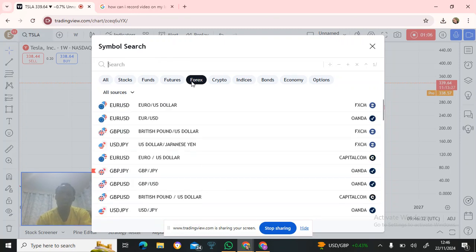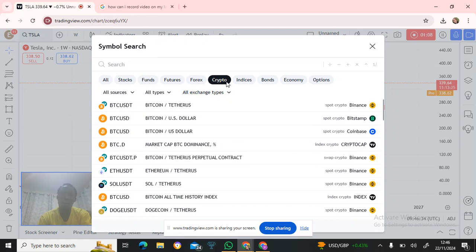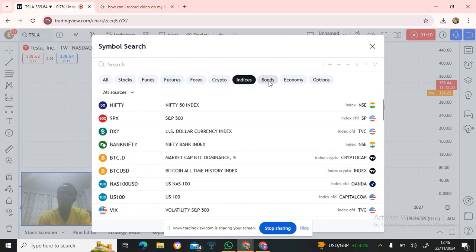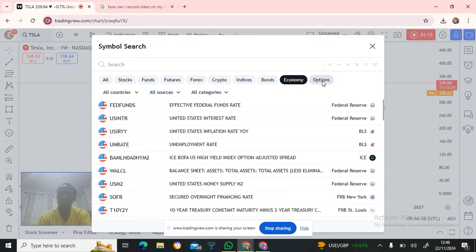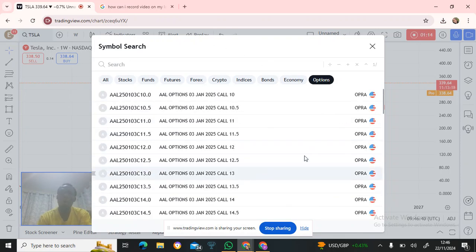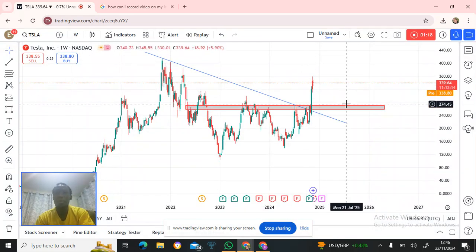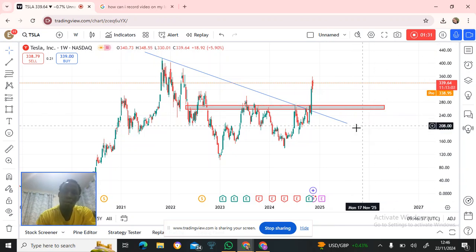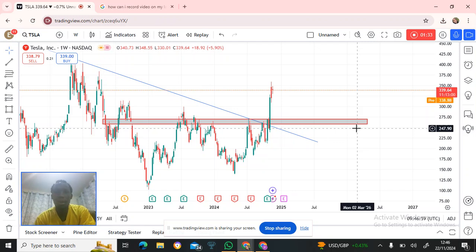We have the crypto, the likes of Bitcoin, Ethereum, indices, bonds, economy, options. So all these are being traded in the financial market. So basically the difference inakwanga nao, simona venye tumezi break down into the commodities, metals ni kama the likes of gold, silver.